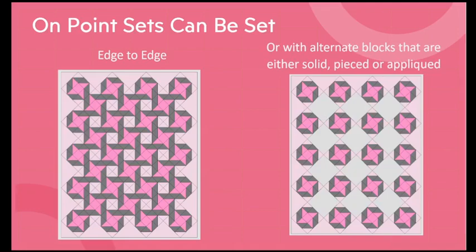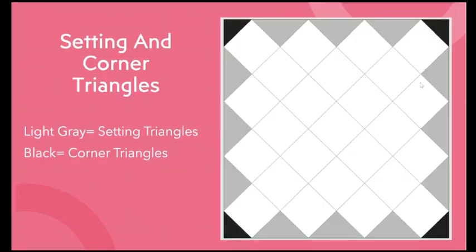But if you look at an on-point set, you're going to see that there are these triangles that go along the side and in the corners that we use to straighten out the quilt to give it a flat edge. Because if we didn't have these setting triangles that you see here in the gray, or the corner triangles that you see in the black, you would have a funny shaped quilt.